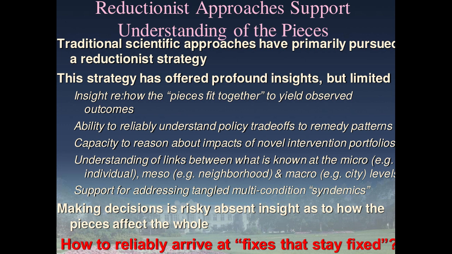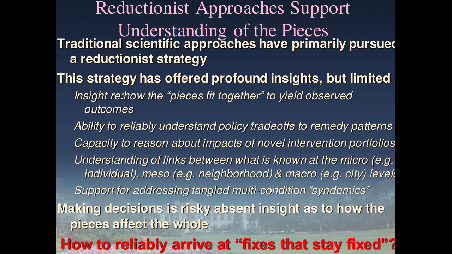Reductionist approaches have offered great insights, but they have certain limitations to how they can help us in this domain of larger systems. They focus on the pieces rather than how all those pieces come together to yield the observed outcomes. And they have challenges looking at counterfactual regimes where we are looking at novel policy impacts, for example.